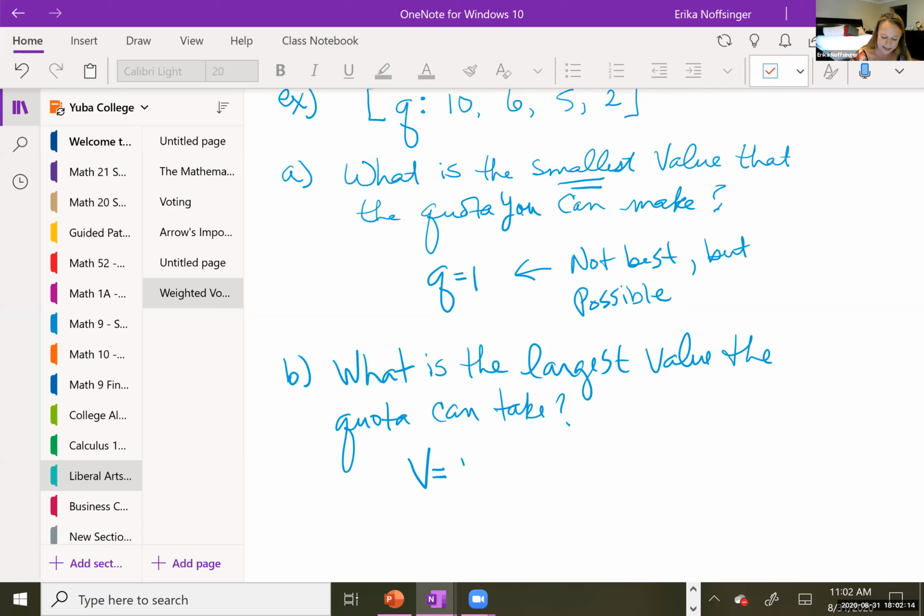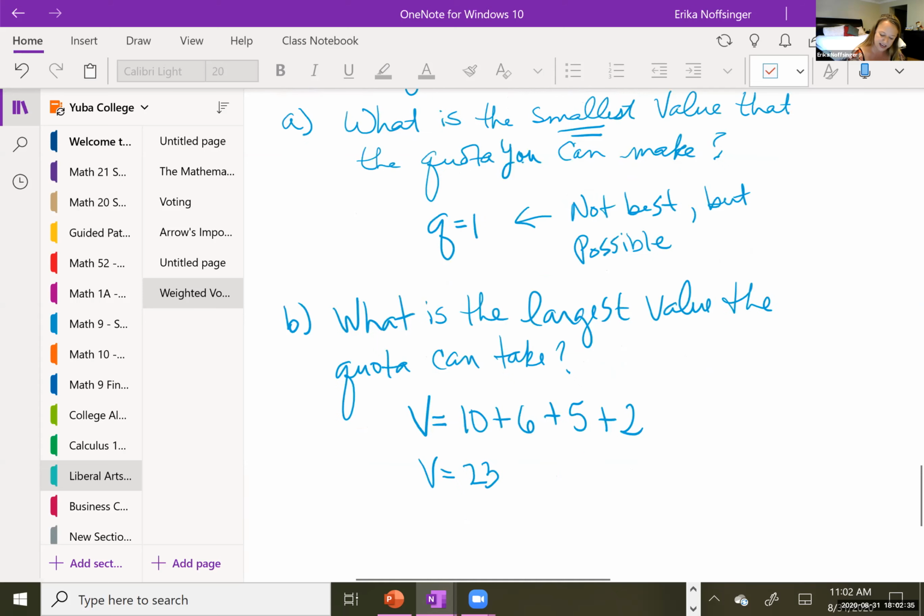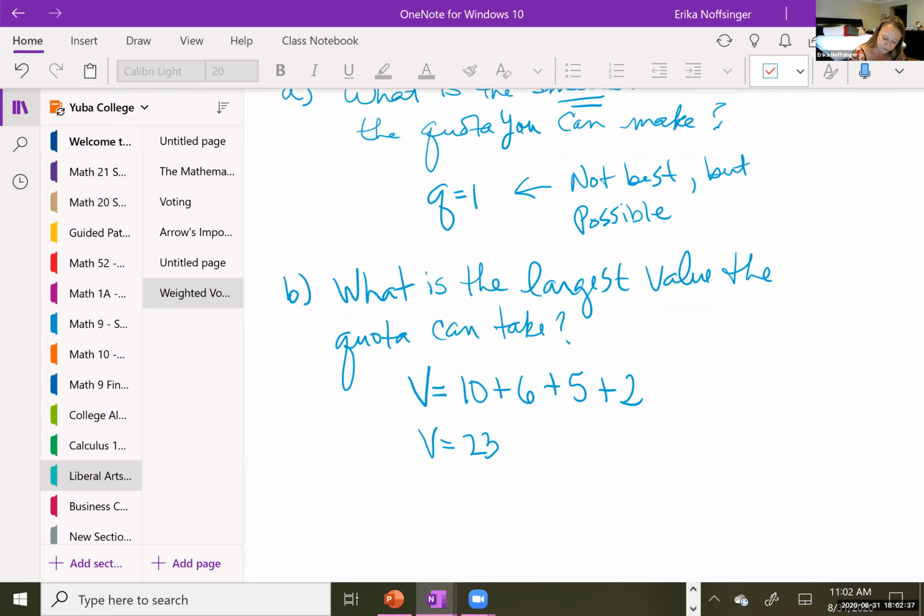Player 1 had 10, plus player 2 had 6, plus player 3 has 5, plus player 4 has 2. So 10 plus 6 is 16, plus 5 is 21, plus 2 is 23. So the largest value that the quota can take is 23. The max of Q is 23.